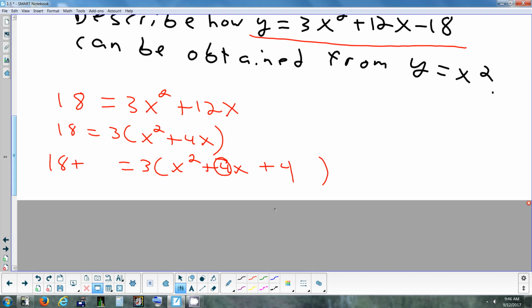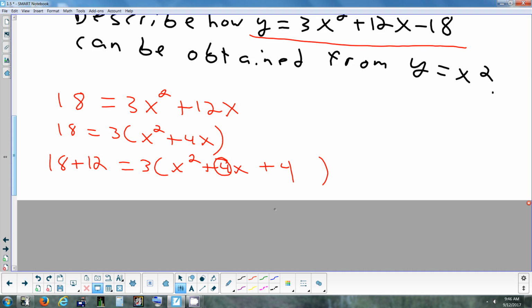Now, what did I just add on the right? Not quite. I put a plus 4, but that's not what I really added on the right. Dan? 12. Why did I add 12? Because of the parentheses. Right, anything that's on the outside of the parentheses here is applied to what's on the inside.